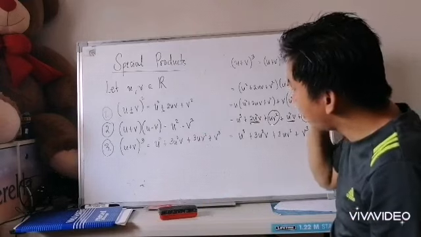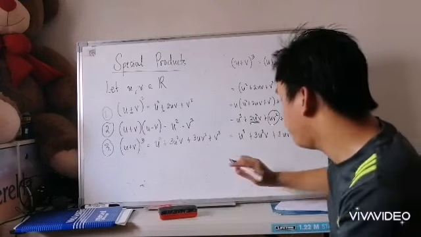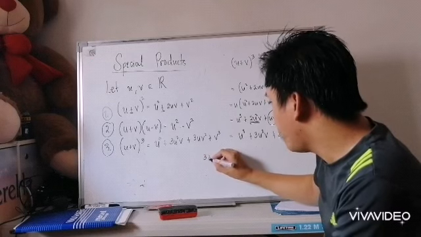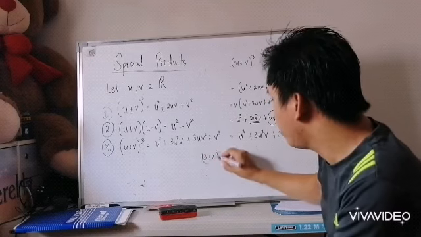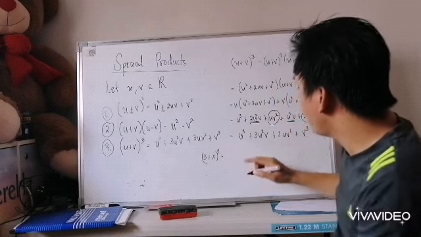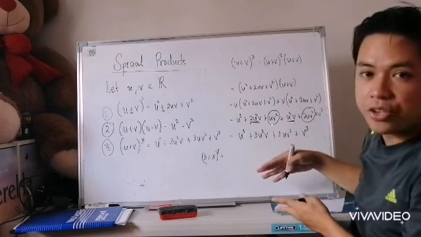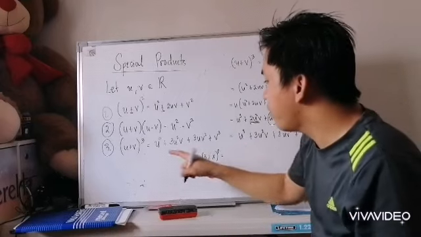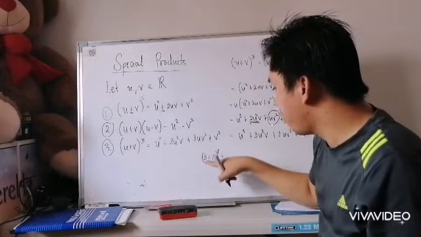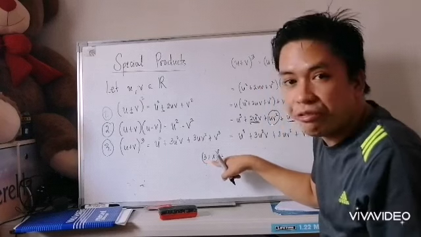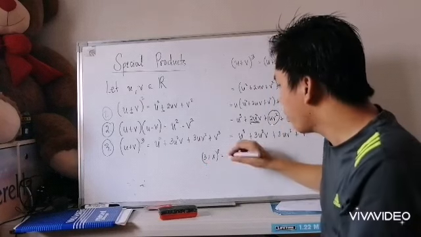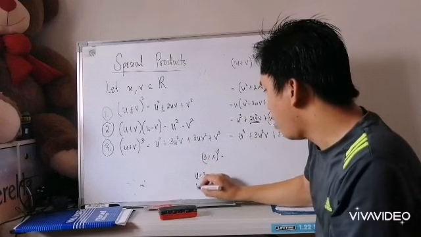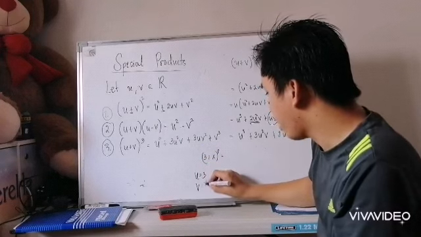Okay? So, let's consider this example. (3 plus x) cubed. So, we don't have to do this long method anymore. Instead, we use this formula. So, we treat this as u, we treat this as v. Okay? So, our u is 3. Our v is x.